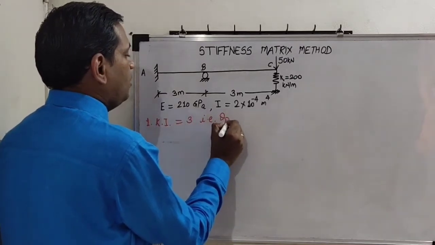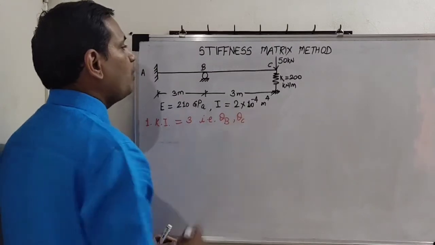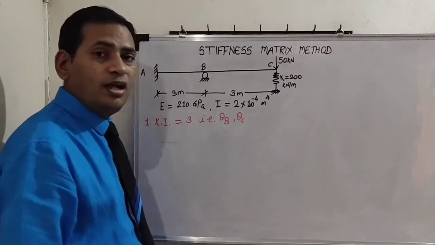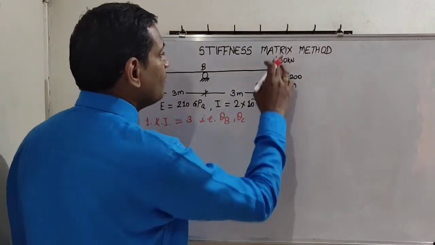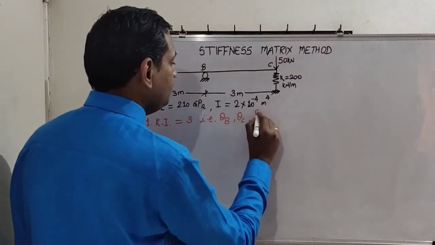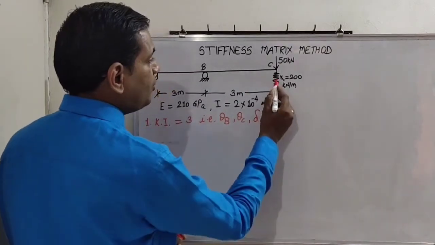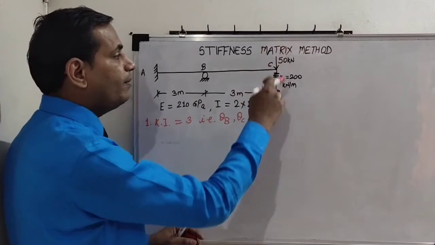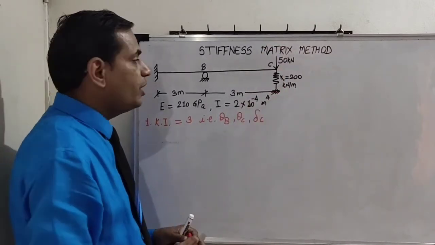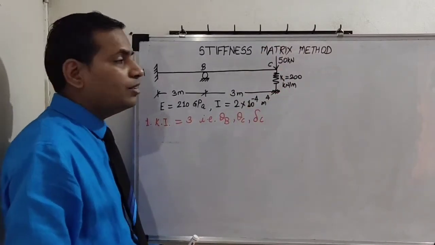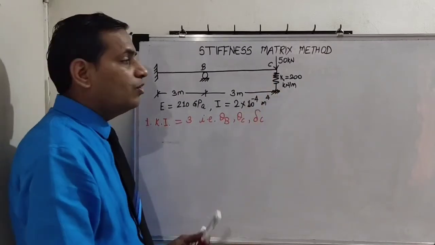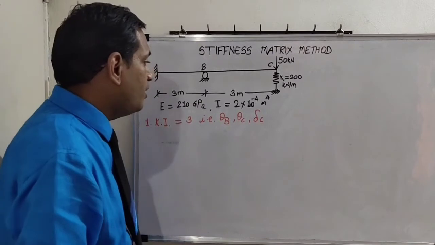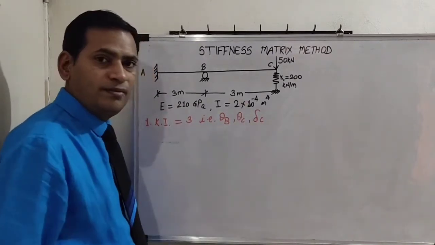There are 2 rotations as usual, but there is an additional unknown displacement quantity delta C. Because it is a spring support, because of the 50 kN load, the spring is going to get compressed vertically downward, so that will be linear displacement of the support C or joint C in vertically downward direction. So that is an additional degree of freedom, delta C.